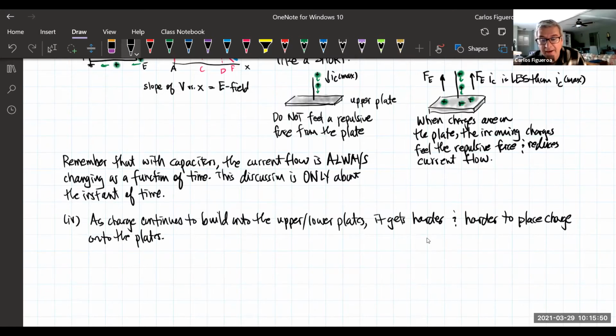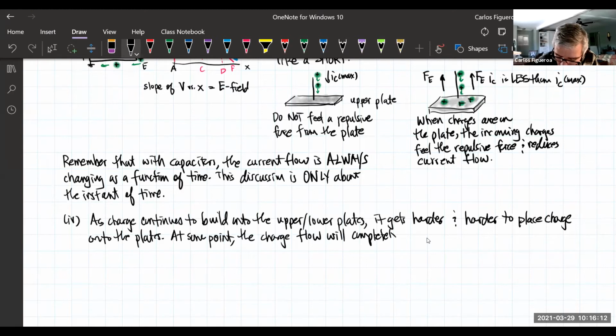And the reason why, once again, is because the repulsive force will get so large. At some point, the charge flow will completely stop. It gets so large that no charge will be able to come.